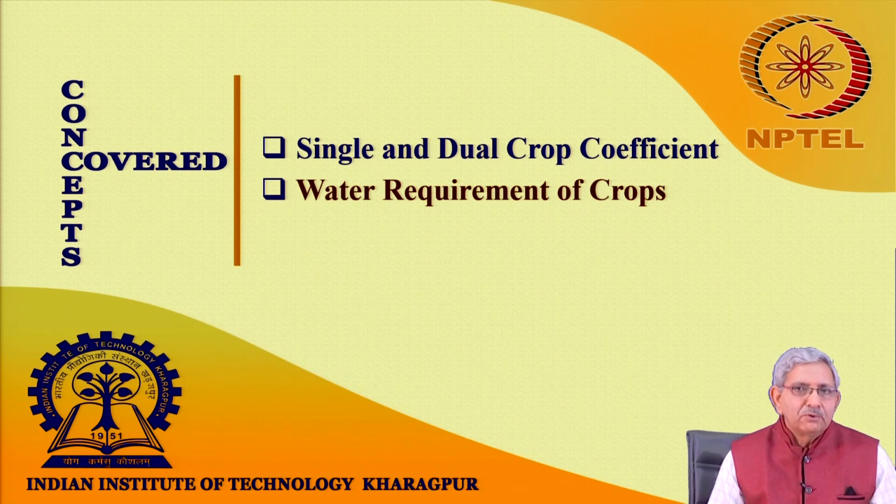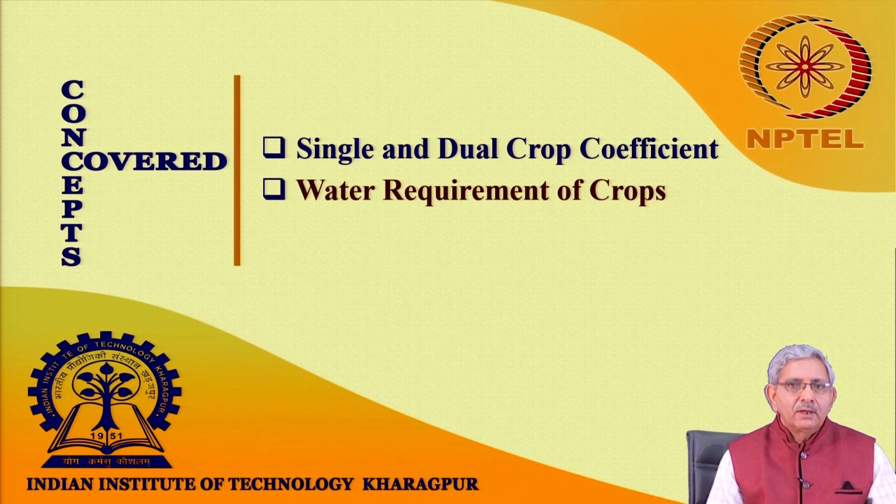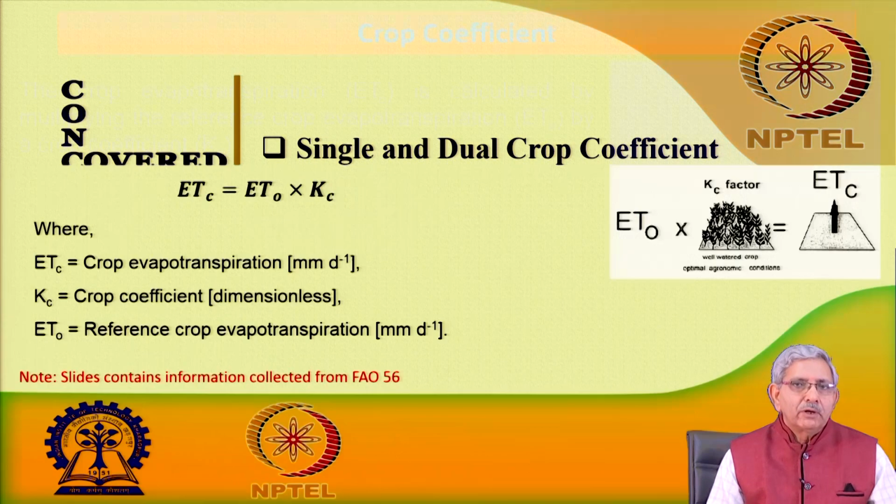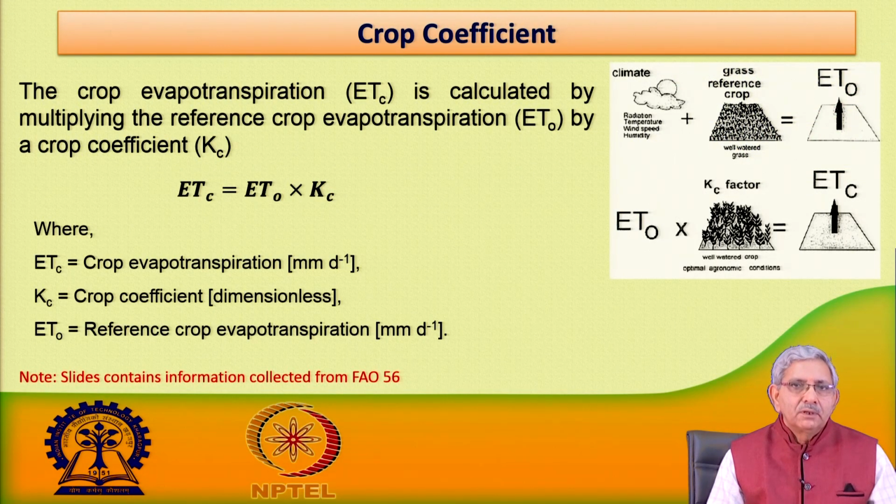So, let us try to know what a dual crop coefficient is, how it can be utilized and how it can be determined. Water requirement of different crops is another important thing for irrigation planning, so we will also discuss that.